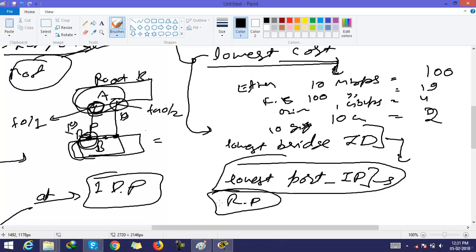The point to notice is that the root bridge can never have a root port, and every non-root bridge in a network must have one and only one root port.